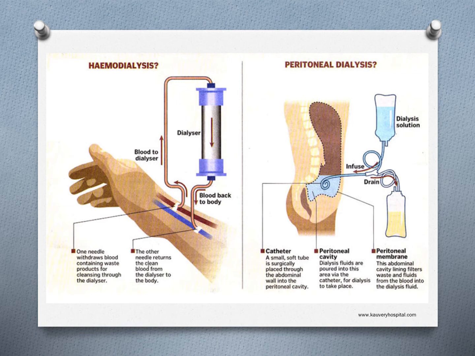Then the blood is filtered with the help of dialysis solution and the peritoneal membrane, which lines the abdominal cavity. It filters the waste and fluids from the blood, and the pure, filtered blood is then again introduced into the body.